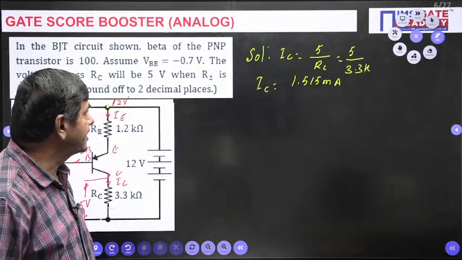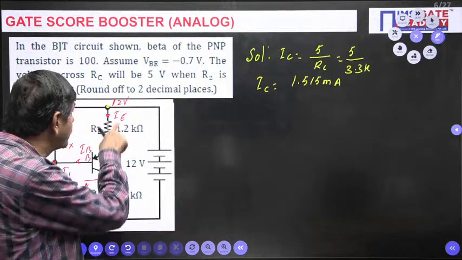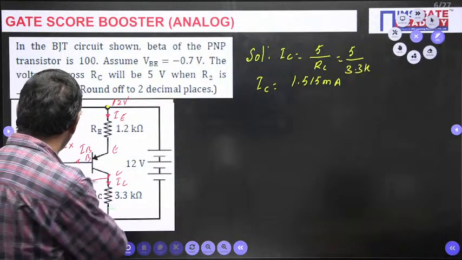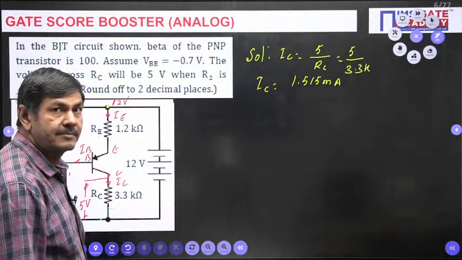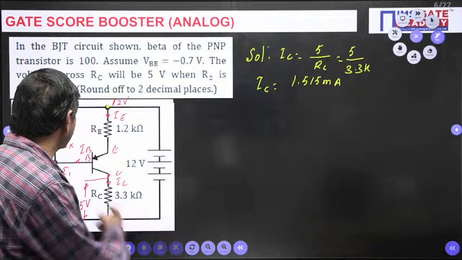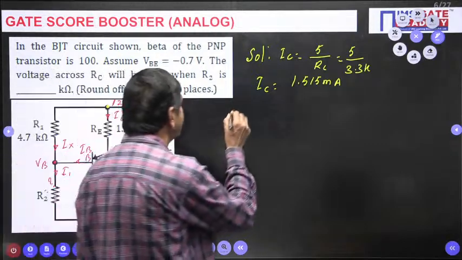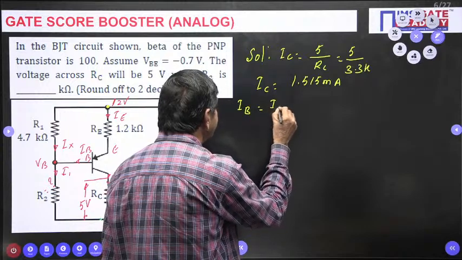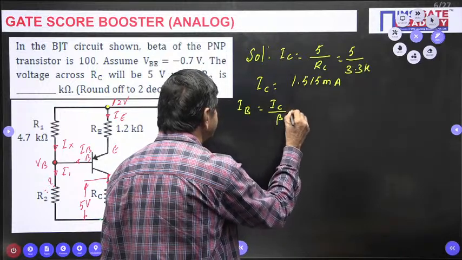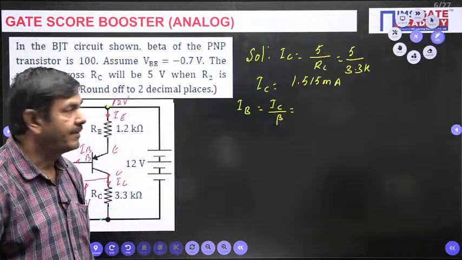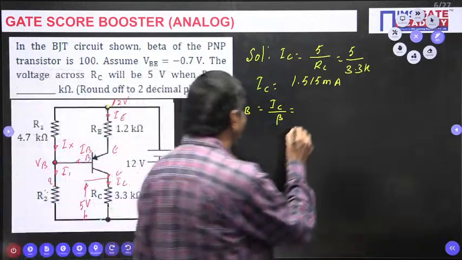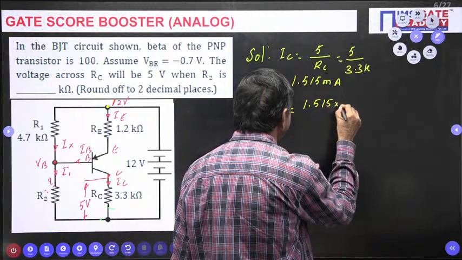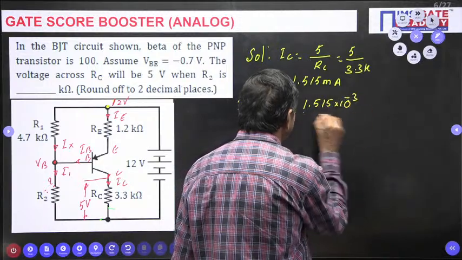Sir, why is this IC required? Because my aim is to find the IE at first. Without knowing the IE value, I cannot determine this base voltage. Understand my point now. IC I got. What is IB? You know very well, IB is nothing but IC by beta, where IC is 1.515 milli, divided by beta.